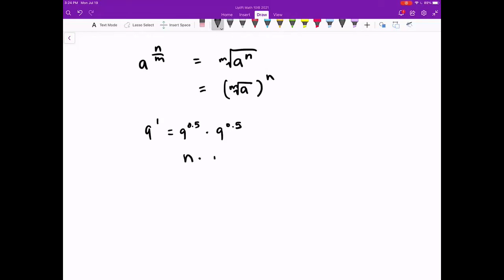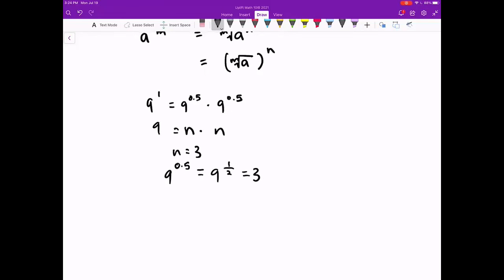In this case, that number must be 3, which is coincidentally, or not really coincidentally, the square root of 9. When we have 0.5, we can express it as a rational instead, which is 9 to the power of 1 divided by 2. That fits with our already defined rule of radicals. So we can rewrite this as a radical, the square root of 9, which equals 3.